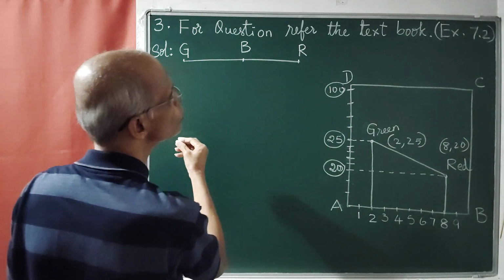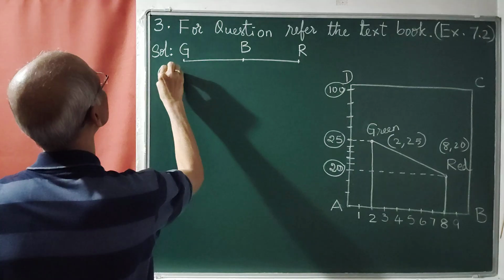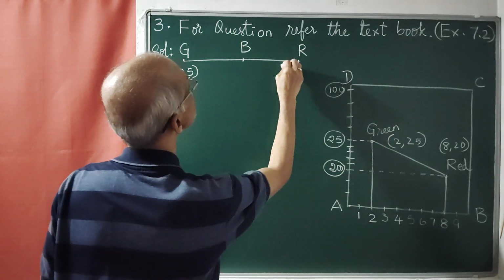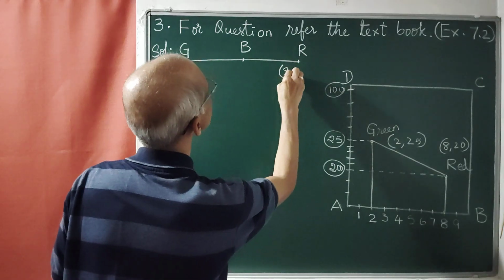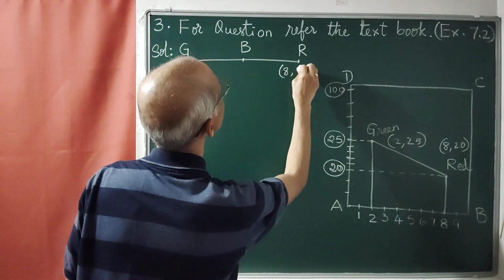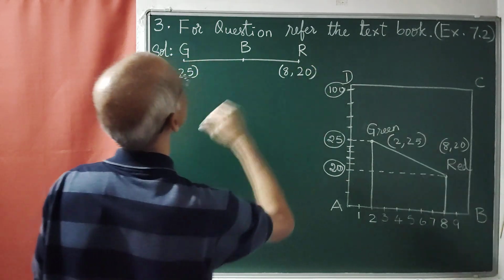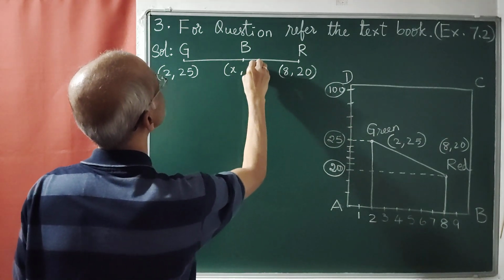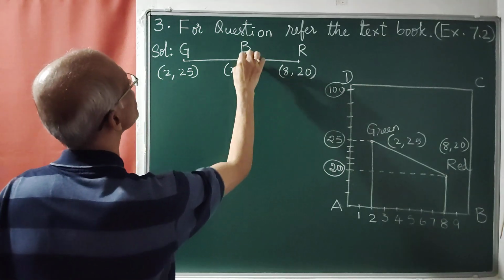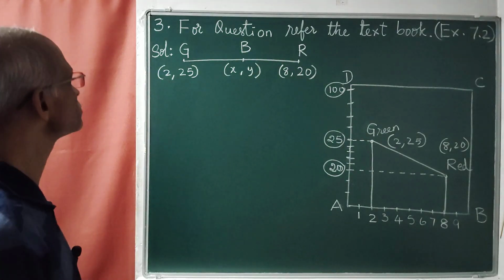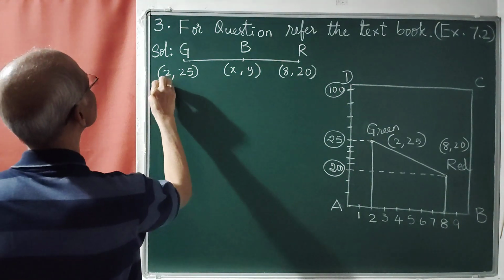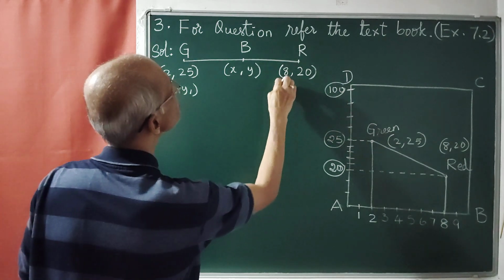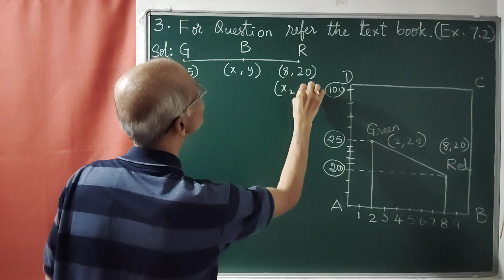So the coordinates of G are (2, 25), and R are (8, 20). And let the coordinates of B be (x, y). We have to find out this point. So this is (x1, y1), this is (x2, y2).